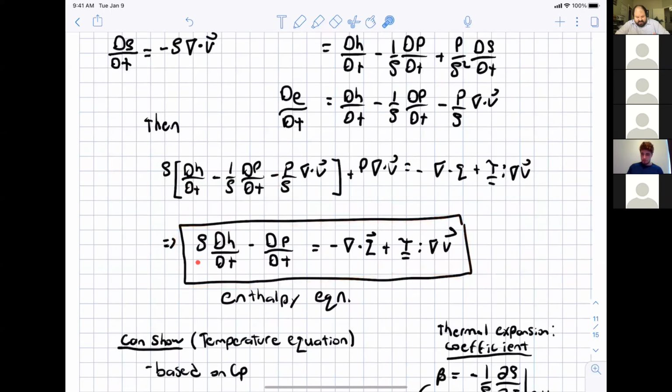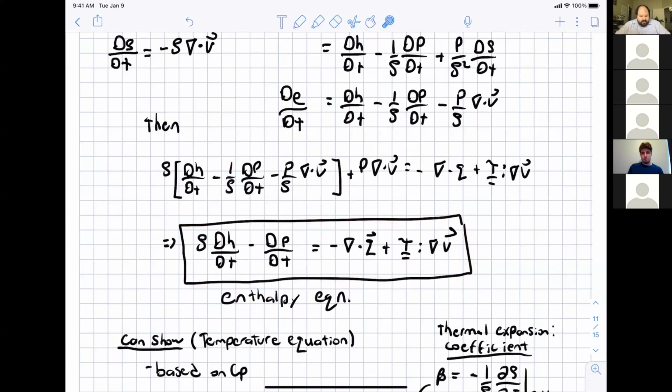Okay, and so it's just rho dH/dt minus the material derivative of pressure, dP/dt, because the rho times 1 over rho here cancels, minus the divergence of the heat flux vector, plus the viscous dissipation. Okay, and so this here is the enthalpy equation. So that is another perfectly valid form of the energy equation.